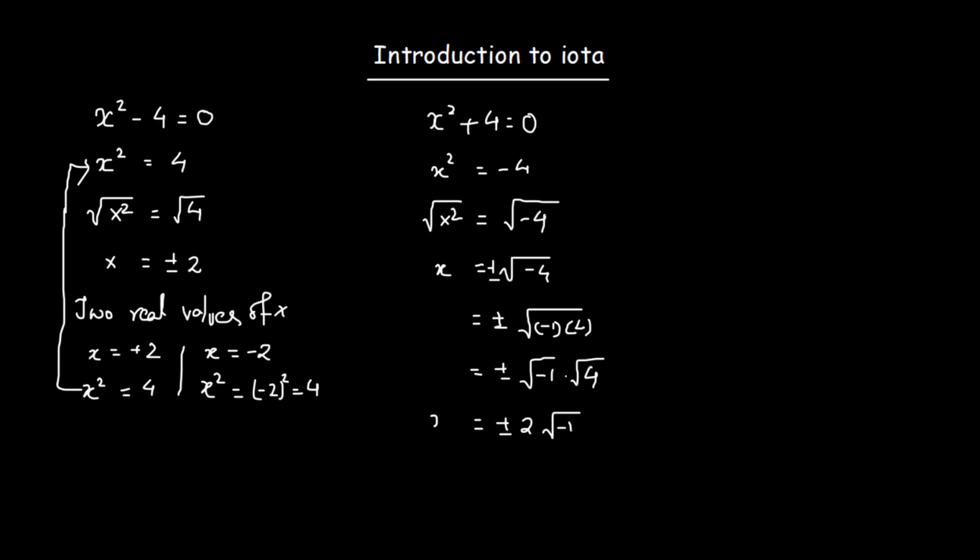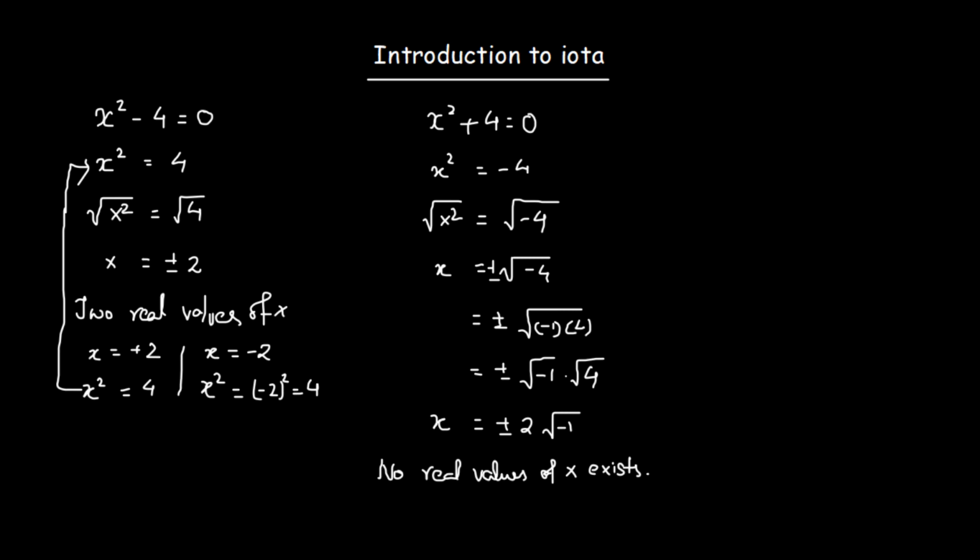Now the problem lies here. We don't know how to deal with the square root of negative 1. So that's why we say there are no real values of x.